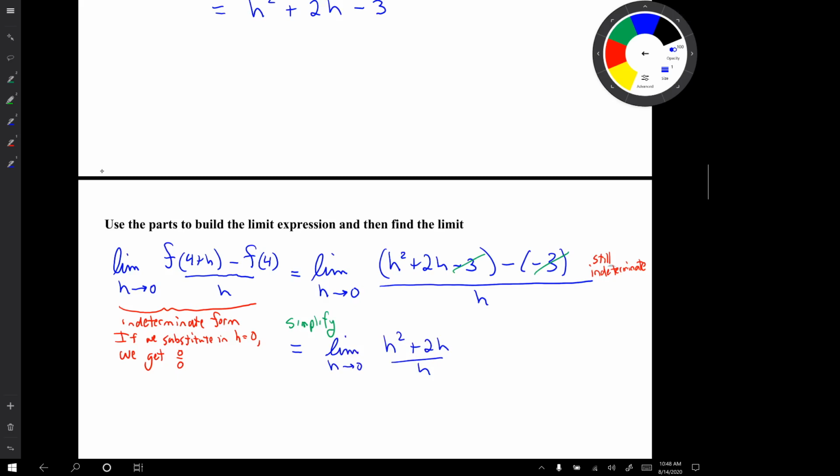Now, notice that this expression is still indeterminate because if we substitute in h equals 0 at this point, we get 0 over 0. So it's useful to rewrite this in a way that makes it clearer what is causing this expression to be indeterminate. So I'm going to factor out an h in the numerator.